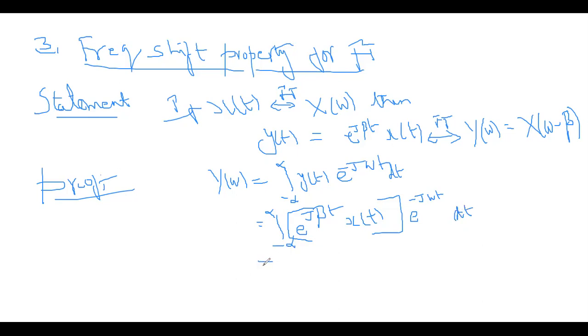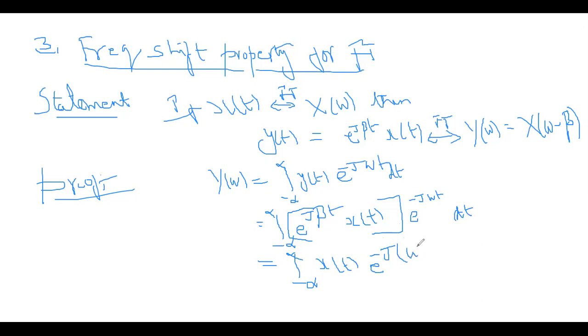Okay. Write x of t as a signal, and the two exponential signals have the same base, e power. What is a common term here? Take minus j.